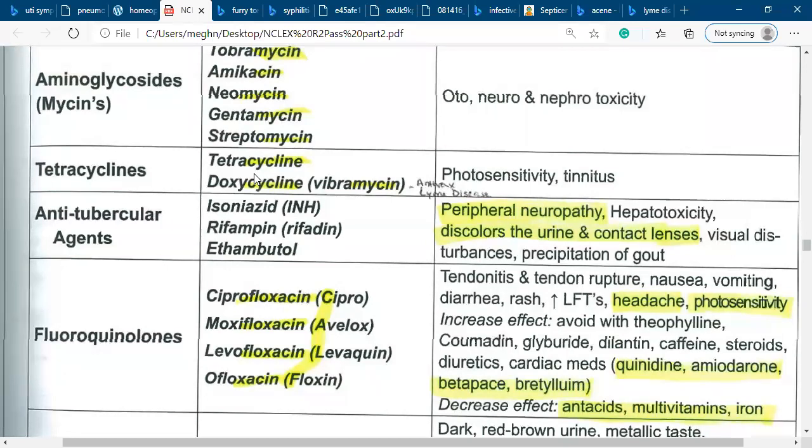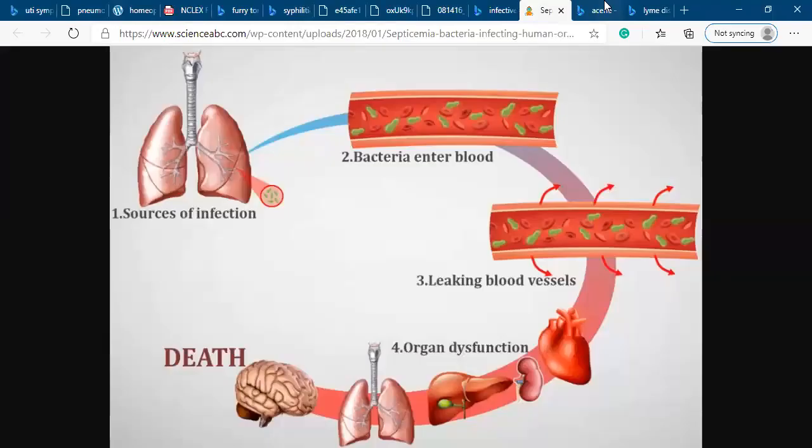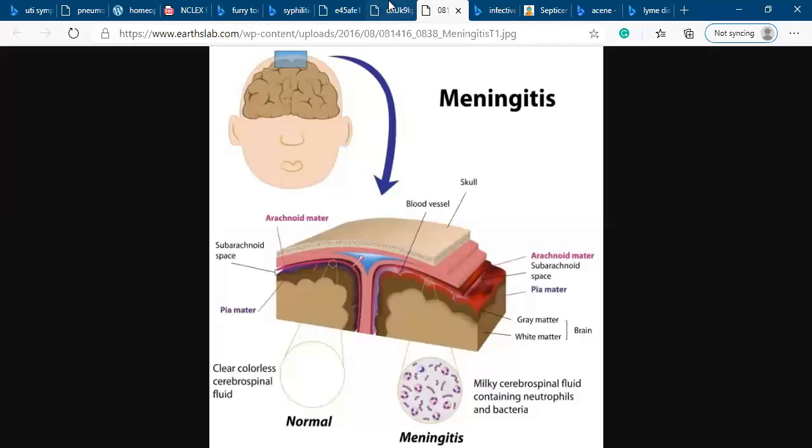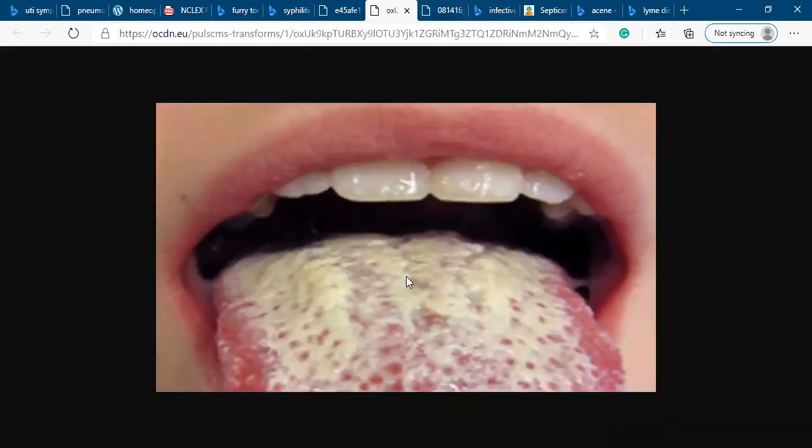Tetracycline sometimes causes GI upset and photosensitivity, and it can cause tooth discoloration in children. Tetracycline is also hepatotoxic, meaning it causes liver damage if the dose is more than normal, and it can also cause superinfection like candida or yeast infection, right?